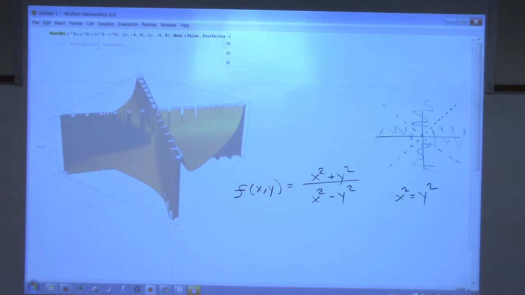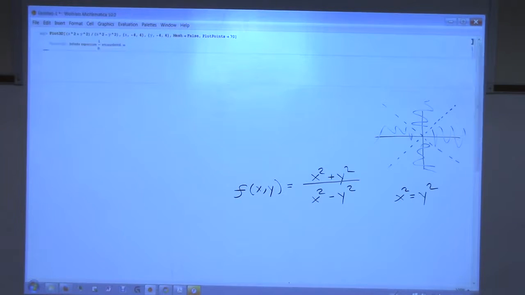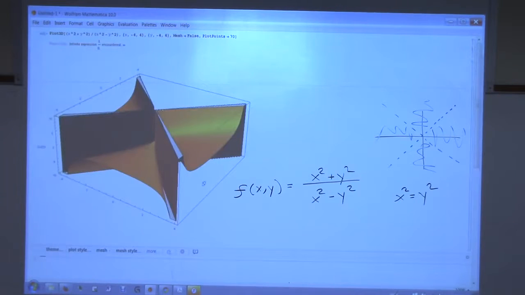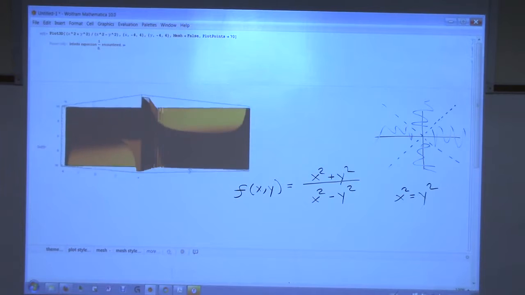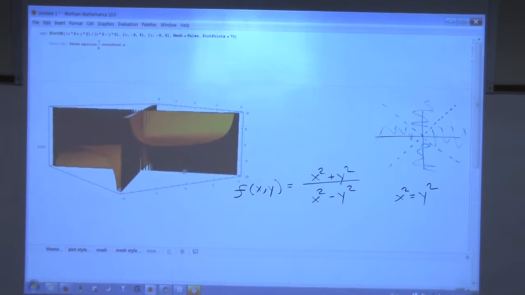Let's try 25 first. That got a little bit nicer. Let me try 40. It's pretty easy to bring the computer to its knees if you go too far with this. There we go. That's a lot better. Can you all see that? It's a lot better. Thank you.